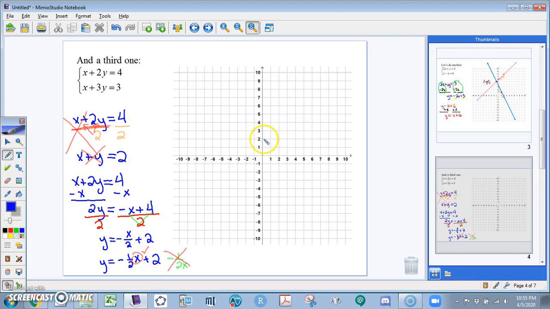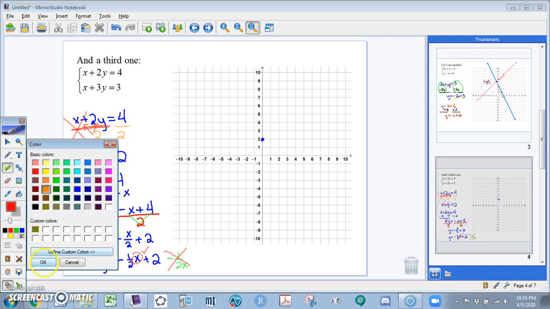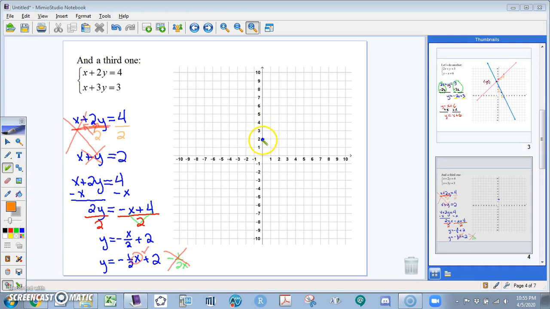It has a y-intercept of 2, and then we have a slope of negative 1/2. So that means that we're going to go down 1 in the y direction and over 2 in the x.